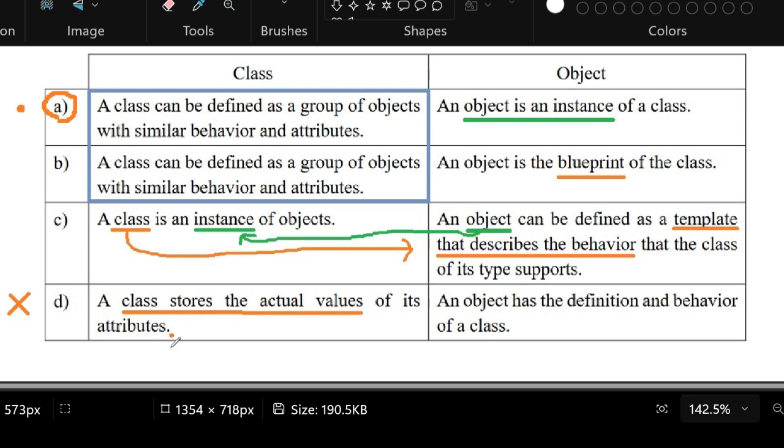For D, what we have is that a class stores the actual values of its attributes, and an object has the definition and behavior of a class. I think the part where you store the actual values, because for example, the one we gave where you got a monster, maybe if not a Final Fantasy monster or Dragon Quest monster, a Pokemon monster, a pocket monster, I think that should be the better word for that.